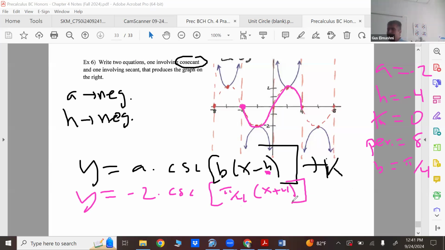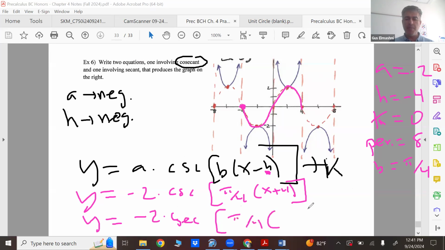So if you have a good handle of this, you'll do this pretty quickly, right? Okay. And then as a sine graph, -2, secant, sorry, it's a secant graph. Okay.